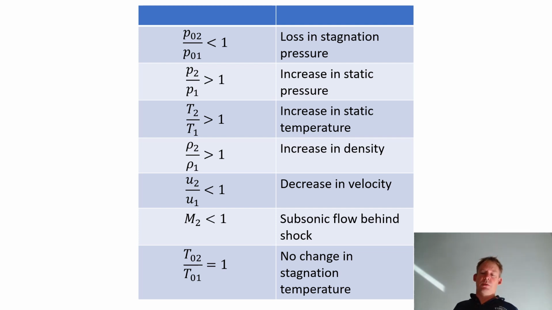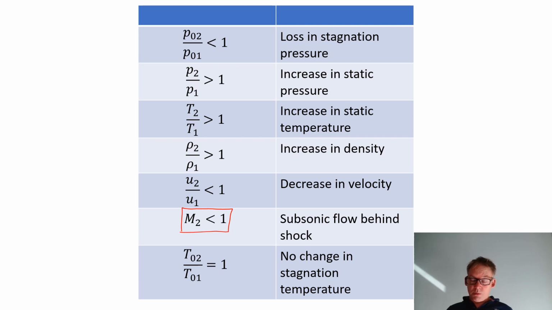Now this is quite important, because this table tells you what happens with the key variables in terms of density, pressure, and velocity. The first thing, and we need to make sure we remember these, is that the Mach number afterwards is less than 1, so it's subsonic after the shock.